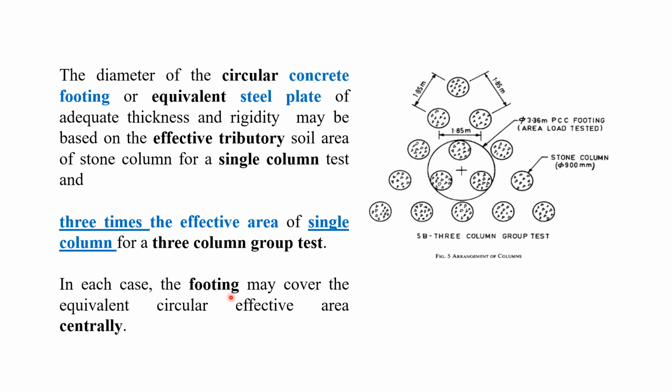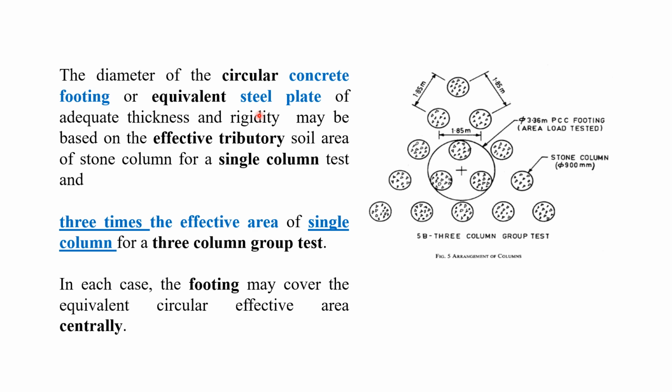In each case, the footing may cover the equivalent circular effective area centrally. That means what? The footing means the concrete footing or steel plate, whatever we are going to use. The diameter or dimension of this concrete footing or steel plate will be equivalent to the effective area or tributary area, right?